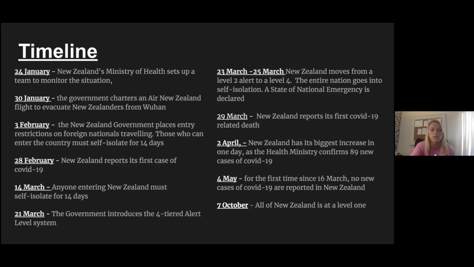And on the 21st of March, the government introduced a 4-tiered alert system to help prevent the spread of the disease. On the 29th of March, they had their first reported death. And on the 4th of May, it was the first time they had not had any reported cases. And from the 7th of October, they've been at a level 1 alert.